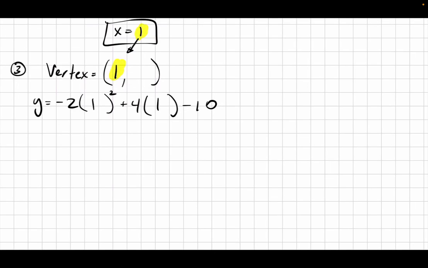Okay, here we go. 1 squared, 1 times negative 2 is negative 2. Multiply, you get positive 4. Bring down negative 10. Negative 2 plus 4 is 2. Minus 10 is negative 8.